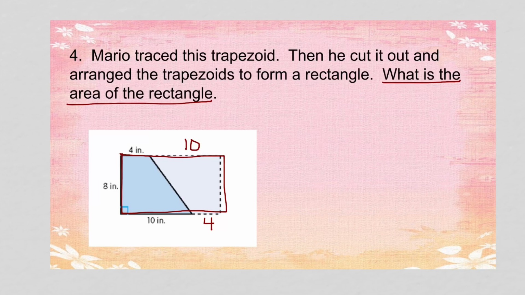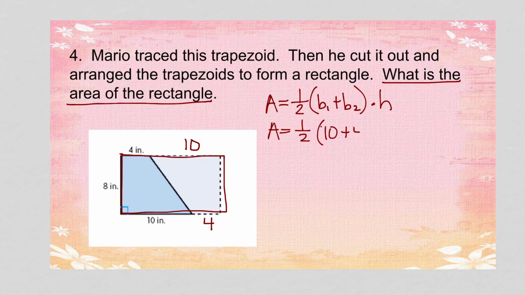So actually, let's do the trapezoid first. So let's say area equals, make sure you're writing this, 1/2 base 1 plus base 2 times height. All right, A equals, let's plug it in. What's base 1? 10's fine. What's base 2? 4, and my height is 8.